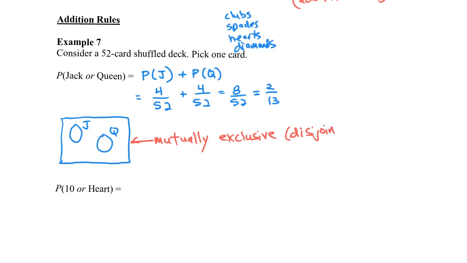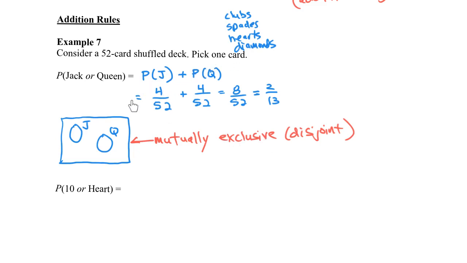What that means is they cannot both happen. We cannot pick one card and get a jack and a queen, right? It's got to be a jack or a queen. So since there's no overlap, there's no card that falls into the jack category and the queen category. They're called mutually exclusive, which means they cannot both happen.